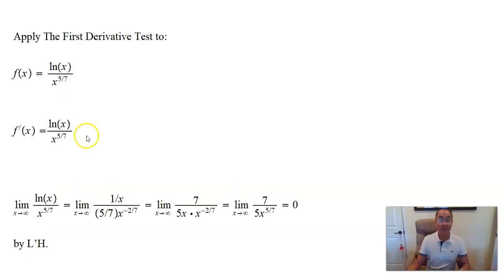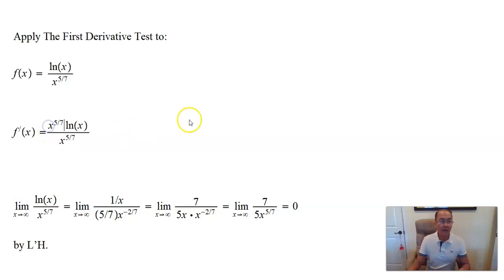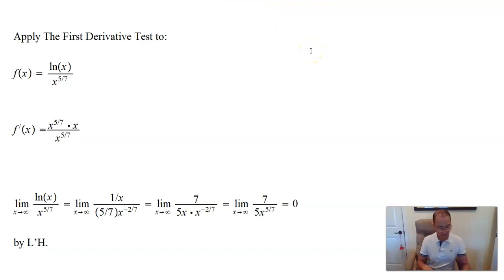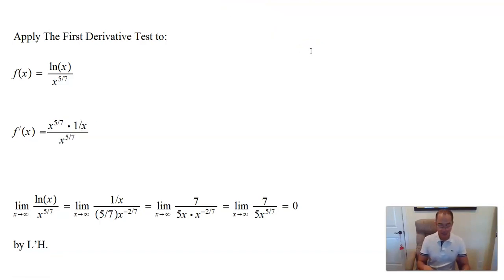Remember, low d high, less high d low, and so on. Low, and then d high. The derivative of ln of x is 1 over x, low d high, minus high, so ln of x, keep it, just copy it, d low times the derivative of x to the 5 over 7.